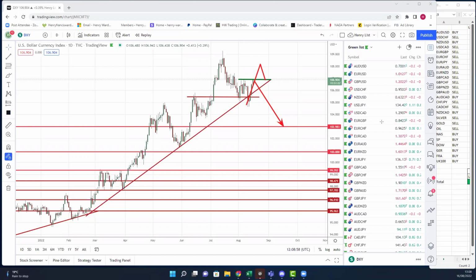Now, if we're expecting this to drop, so we're expecting the market to go down, what sort of price action are we looking to have there? What sort of price action tells us that this could happen?